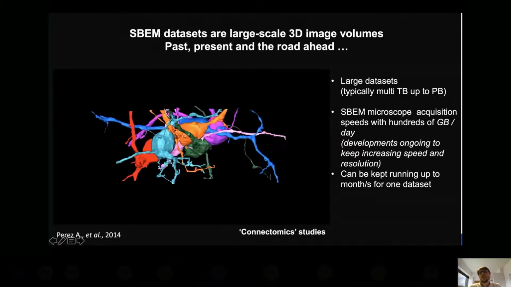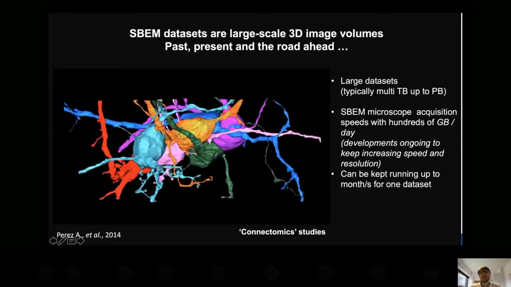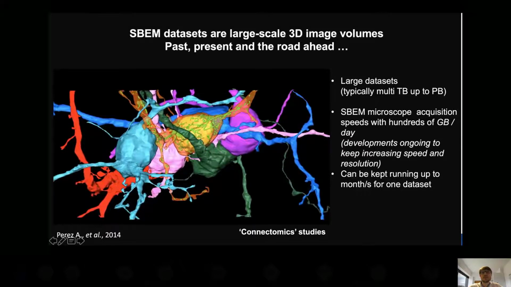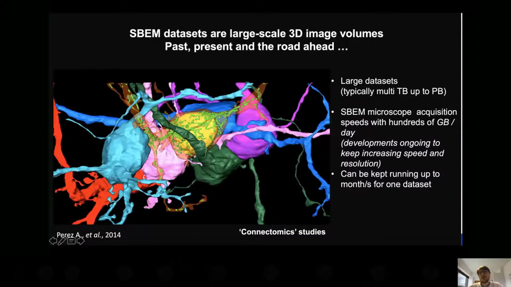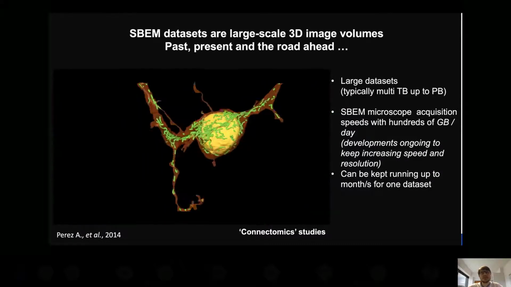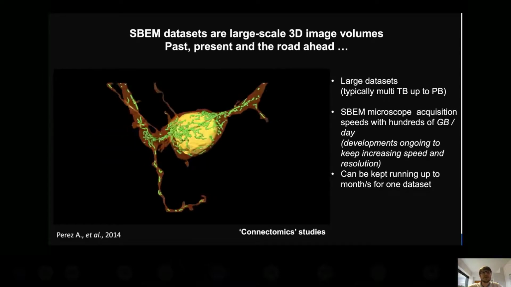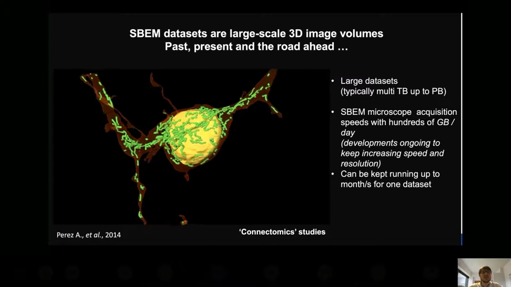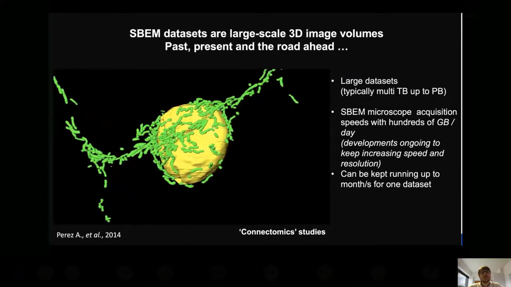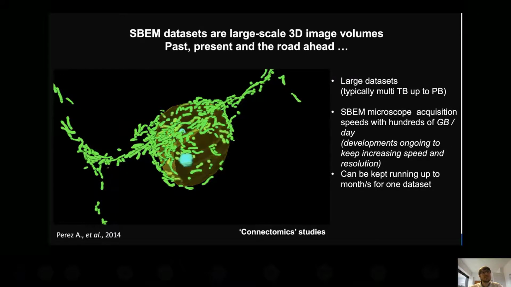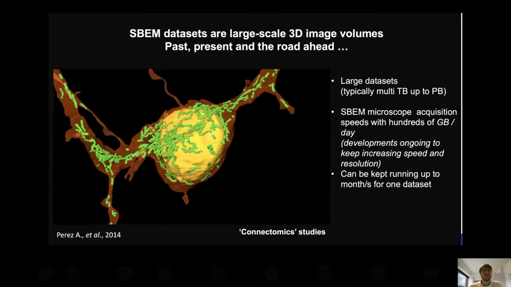When I speak about large scale, typically that means that a data set can be several terabytes, but now it's starting to reach petabytes in not only the Allen lab. This is something to bear in mind when we develop for future projects, that this extremely large scale is going to come.